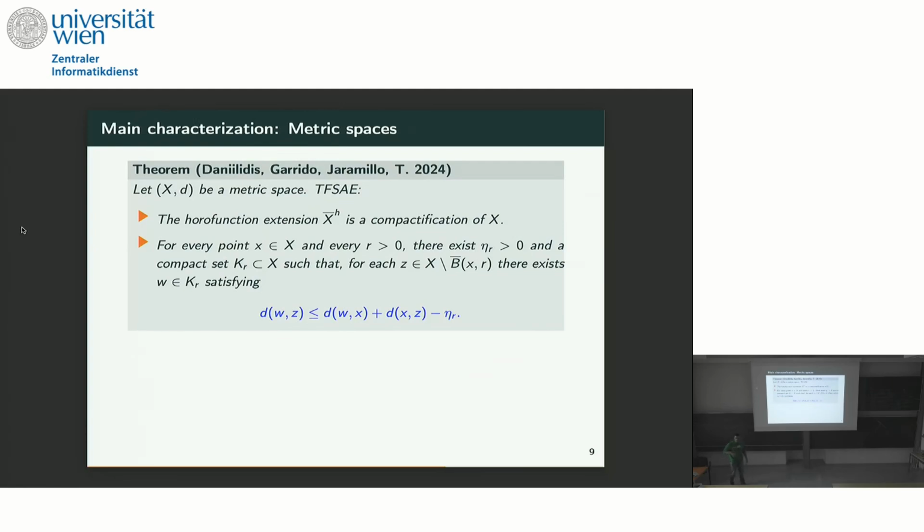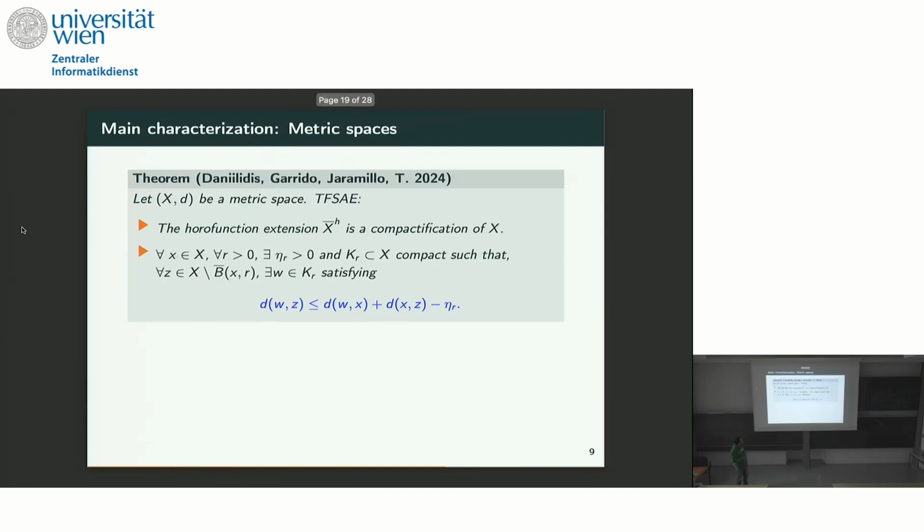The Horofunction extension is a compactification if and only if, I tried to write it in the best way possible, like for every, there exists, for every, there exists inequality. I said, okay, this doesn't look so nice. Let's try to put the quantifiers. It doesn't look nice either.